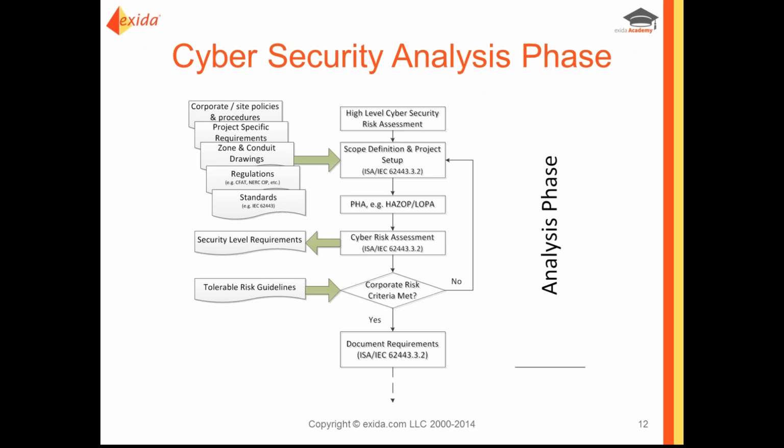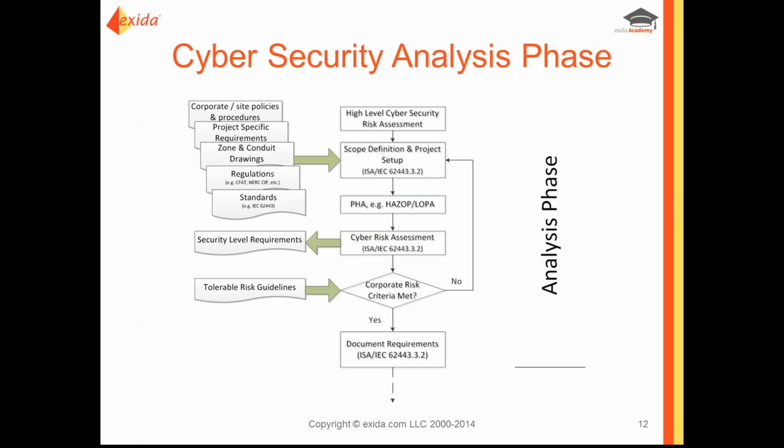You want to do then a process hazard analysis, a hazard and operational analysis, and a layer of protection analysis on that cyber system. The result is a risk assessment, which in turn identifies the security level requirements.